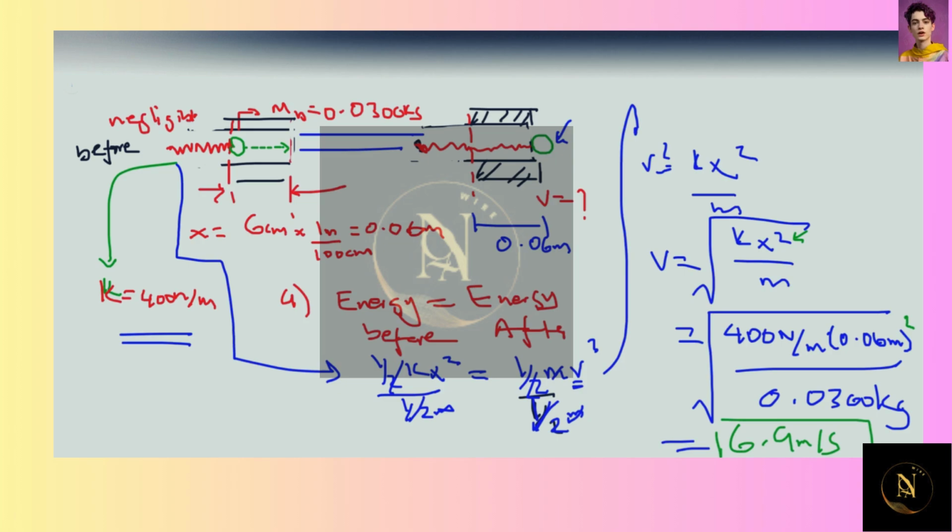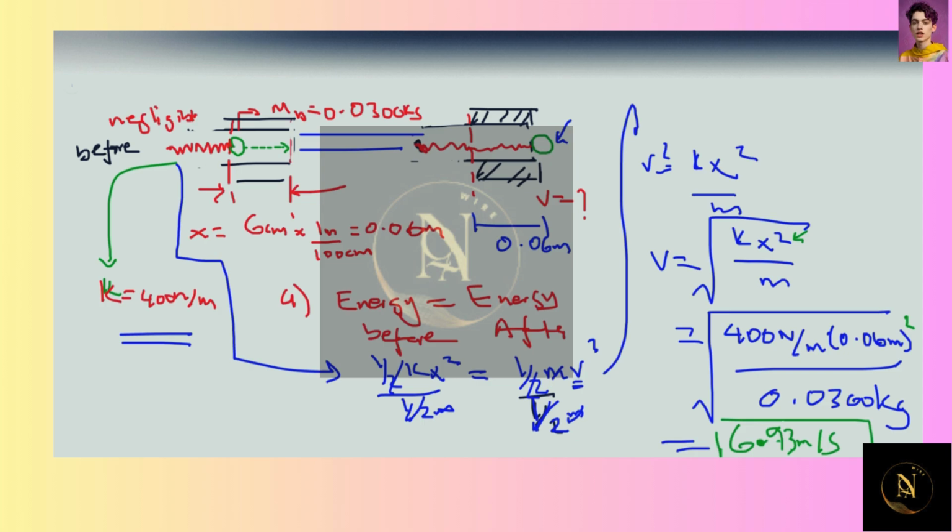Better try it again: 400 times 0.06 times 0.06, not times, but divide by 0.03. Close the bracket. We get 6.9, or we can say 6.93. Just to be a little bit more precise, we'll call this 6.93. So 6.93 is the velocity the ball leaves the barrel.